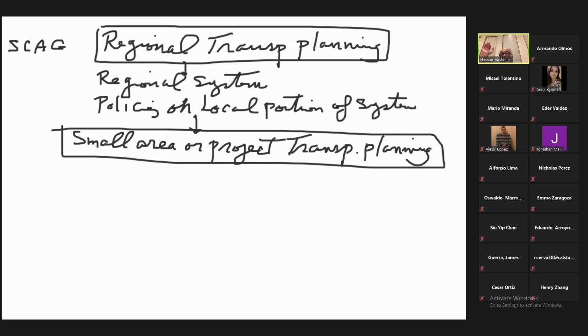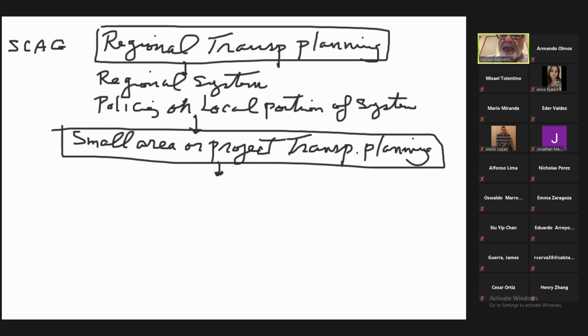Small area, although the city of Los Angeles is not a small area, but smaller than all of Southern California. So each of these divisions that you have, you can get a job in those sections. For instance, the city of Los Angeles Department of Transportation Planning, they have a lot of people working there, and they're just planning for the city of LA.